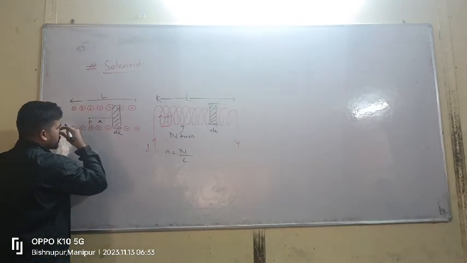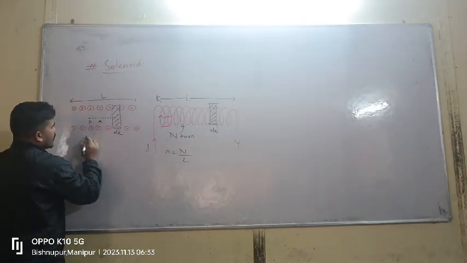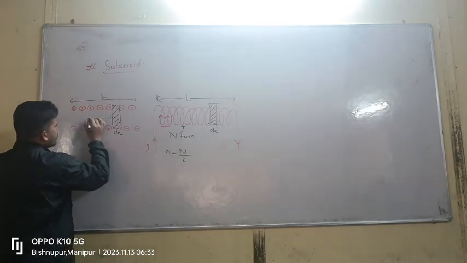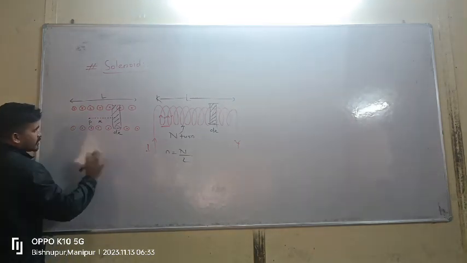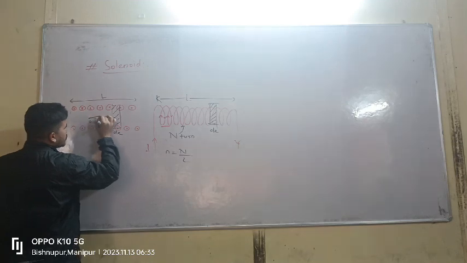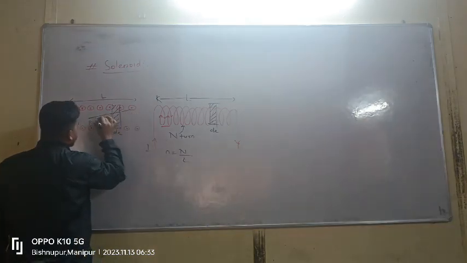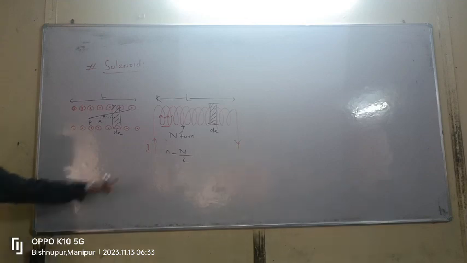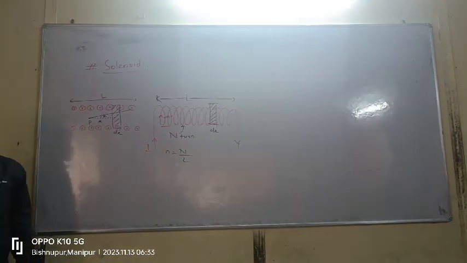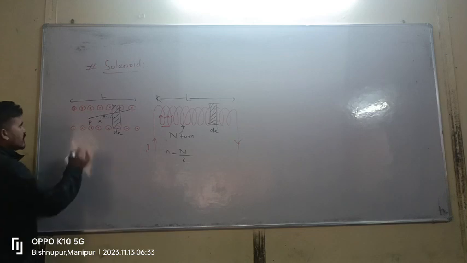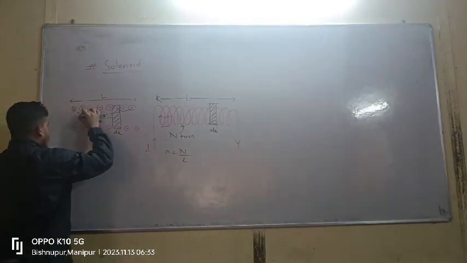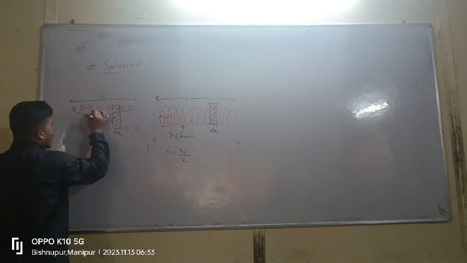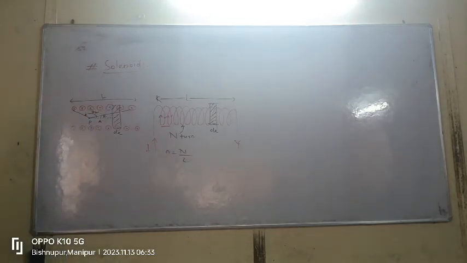Okay, let's do it. Tell me, what will be the angle here? Initially it was making angle what? Theta 1. With what? With one end. And it is making theta 2 with another end. Yes or no?